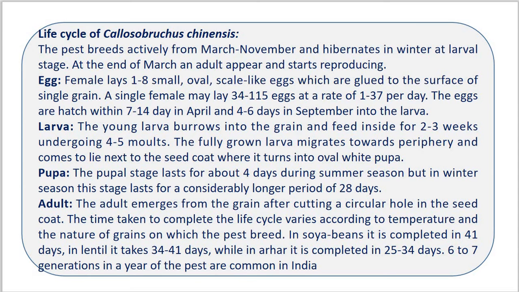So what we conclude is that this species is multivoltine in nature, meaning throughout the year in India it shows about 6 to 7 life cycles. This is all about the life cycle of Callosobruchus chinensis.